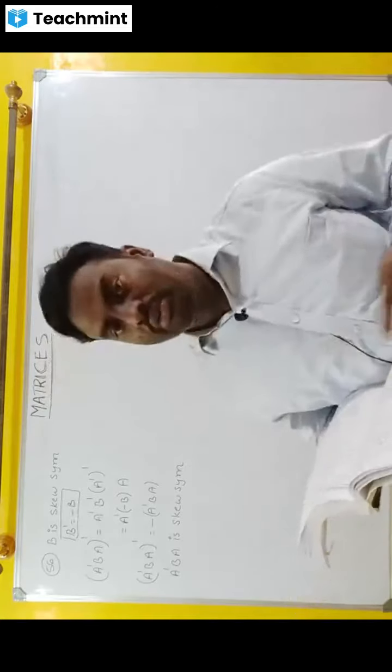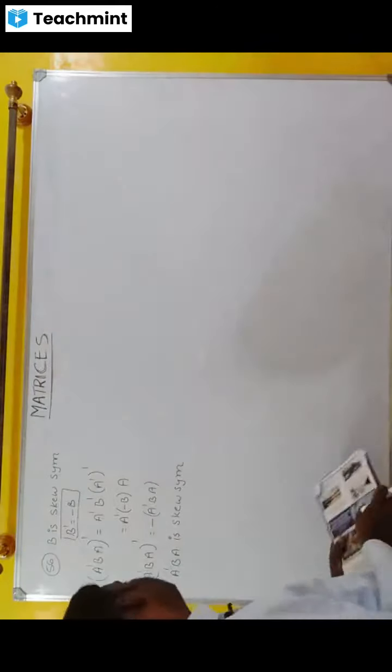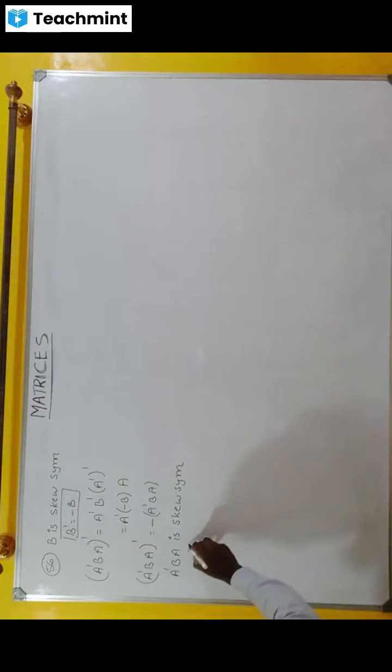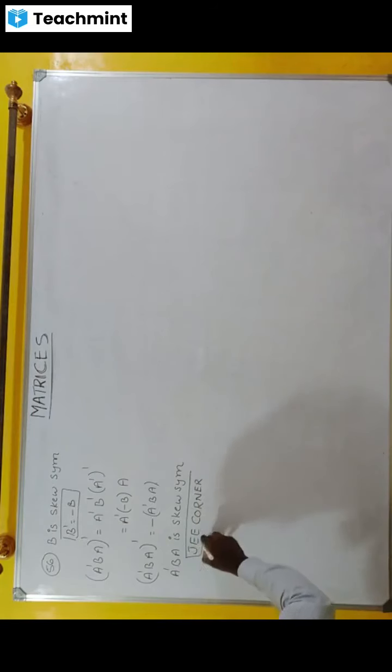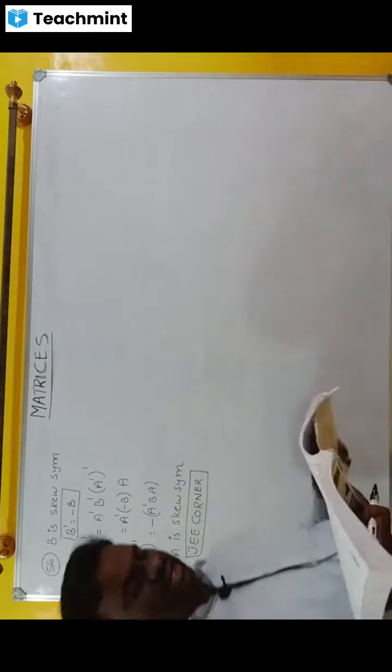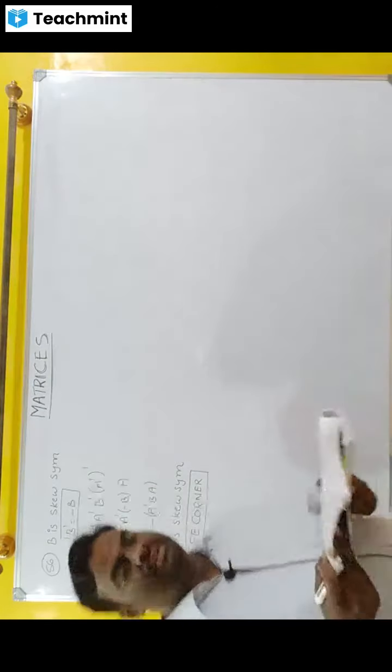Okay. Now we will continue the JE main questions, that is JE corner. So what are the problems given in your material at JE level? That question we will discuss. Okay. At JE level, we will discuss the first question.